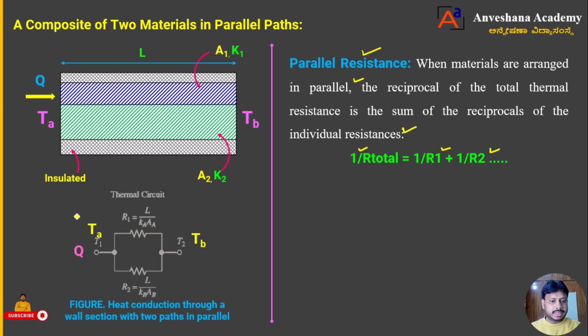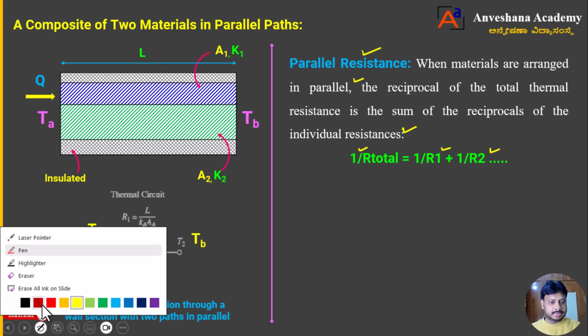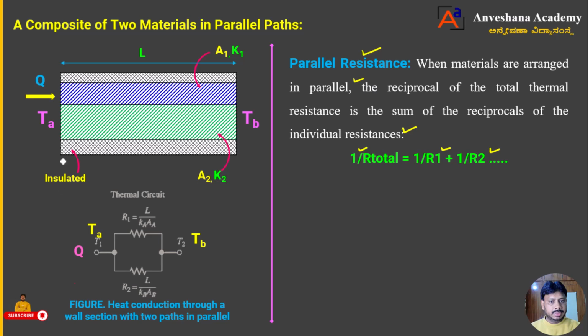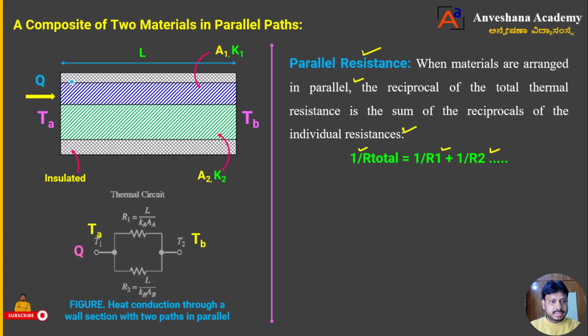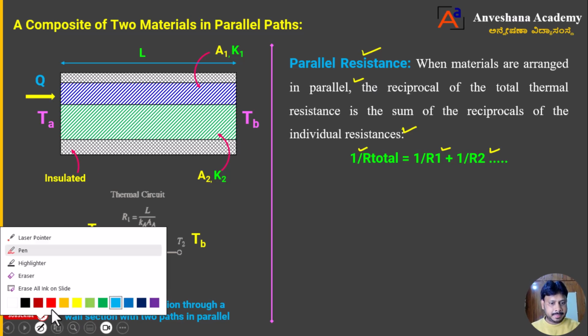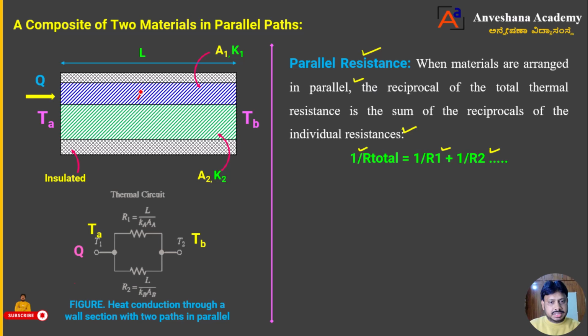Okay, dear students, I will take two materials here now. This is material A, I can call, or material 1 you can call. This is material B, and it is well insulated. You can see here, well insulated at bottom and top. Now assume that heat is transferring in this direction, that too in one dimension.